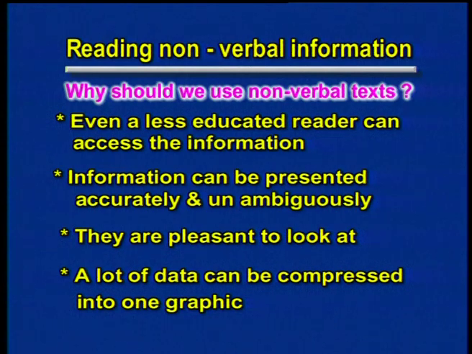It is of course a pleasure to look at non-verbal information. It lends color to the text or to the book or the report that we are presenting. I have said this before, a lot of data can be easily compressed into a small space, and is readily available for the reader to access as and when he requires.